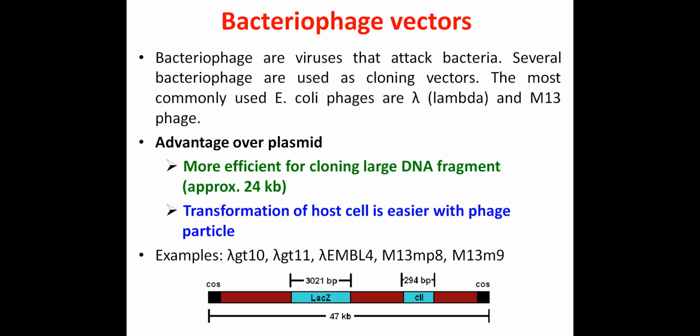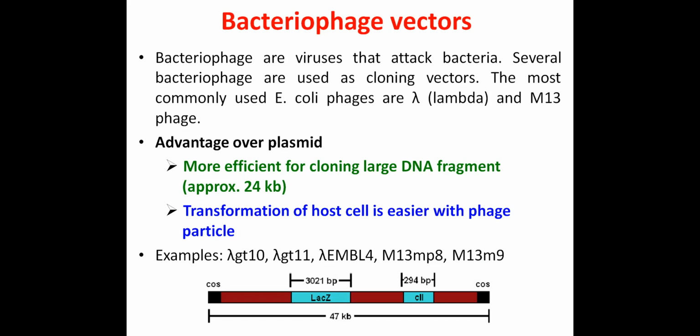Why can it be used as a cloning vector? What happens when any virus infects a cell? It basically transfers its DNA inside the host cell, where it gets inserted into the host genome and replicates with the help of the host cell machinery.